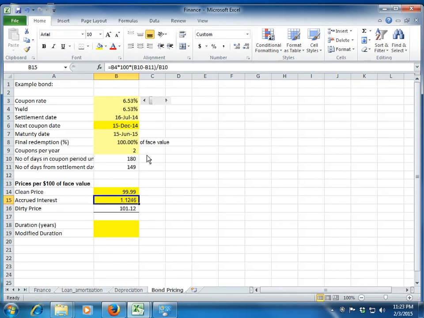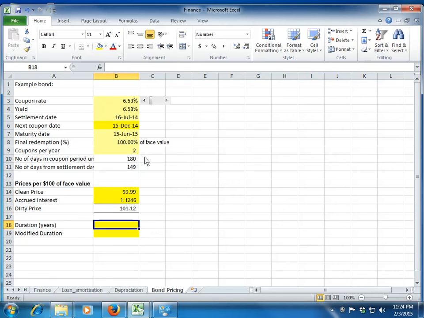Into divided by 180. So this is the interest for 180 days. So for 180 days the interest is this. So for one day it will be divided by B10 into 180 minus 149. Yes, absolutely right. So the dirty price is equal to 101.12. That's how we calculate our accrued interest and the dirty price.